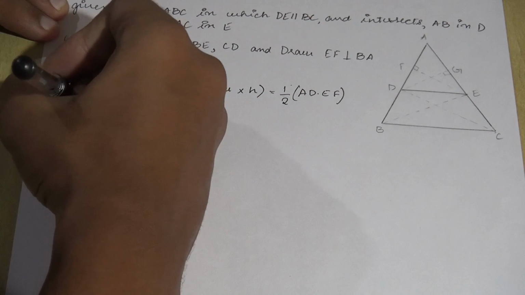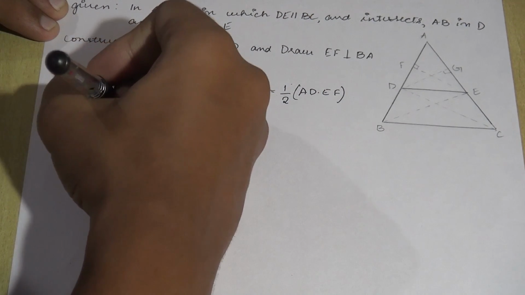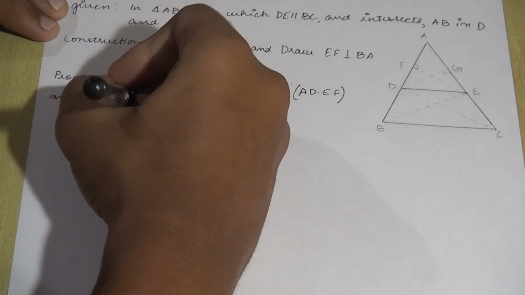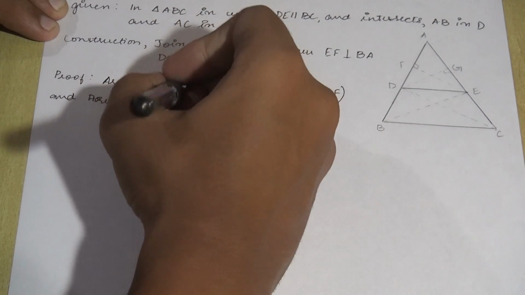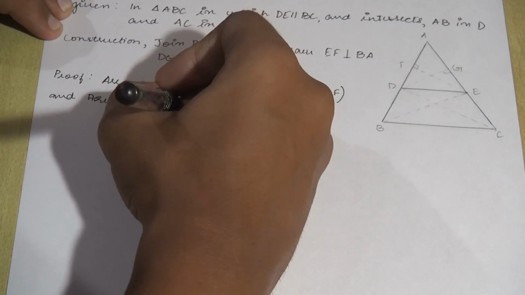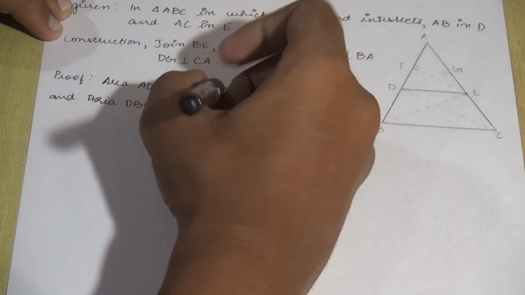And area DBE is also half into base into height, which is half into DB into EF.